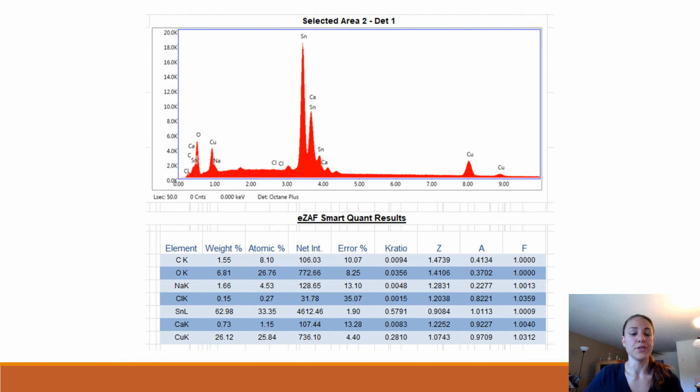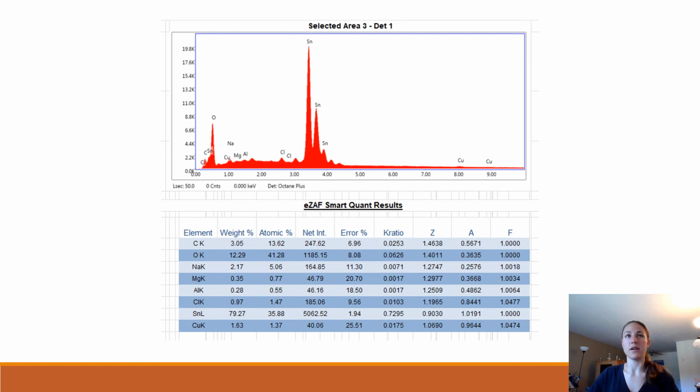Selected area 2, again, it's mostly tin. We have the chlorides, and then on the far right, we can see these peaks that correspond to more copper, and this is kind of expected. It's right in the middle of a corrosion pit, and this would be enough to constitute a failure for this test.